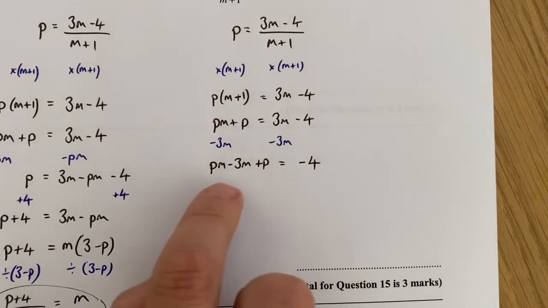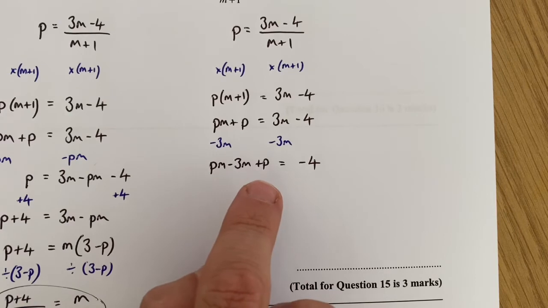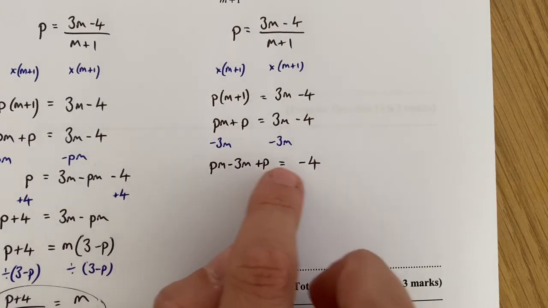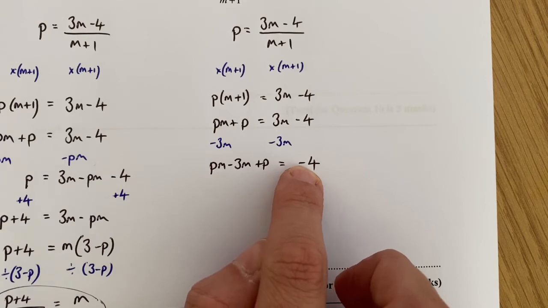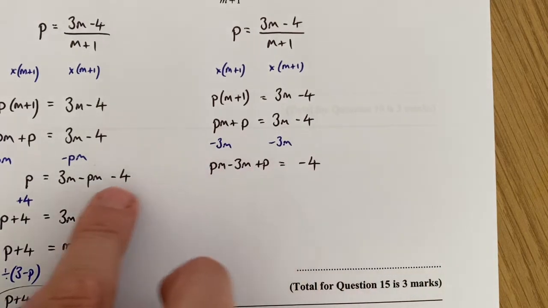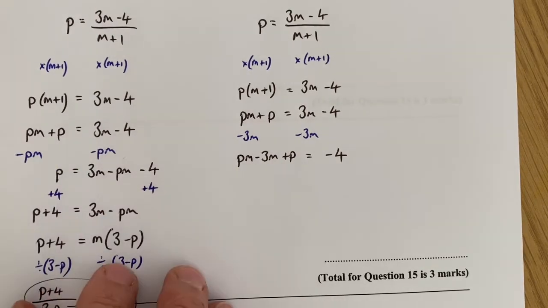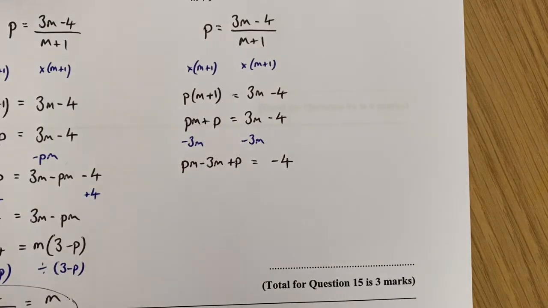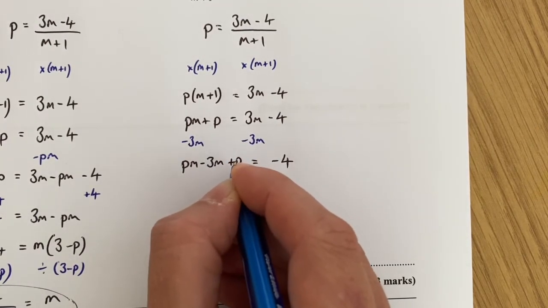Now you can see it's already looking a little bit less mathematically neat, because I'm just left with a minus 4 over here. Whereas previously at this stage in the first one, I didn't have a minus 4, I had a positive p. Right, so I've got my m's here, and I want to get rid of this p.